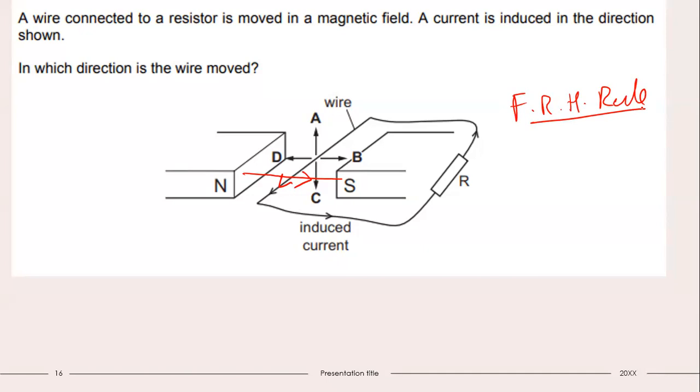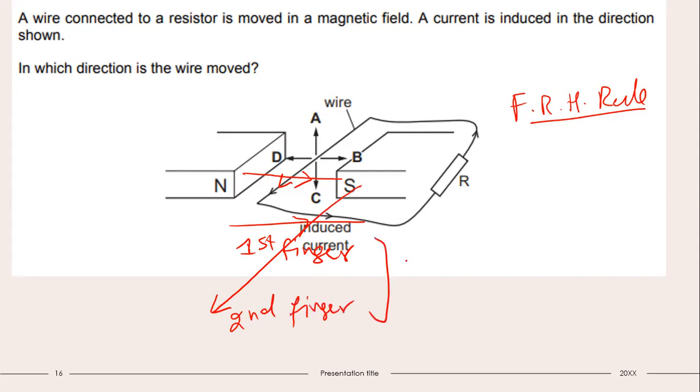So you can clearly see that the thumb is pointing in a downward direction. So again, apply the rule. Point your first finger towards the magnetic field this way, and point your second finger in this direction.